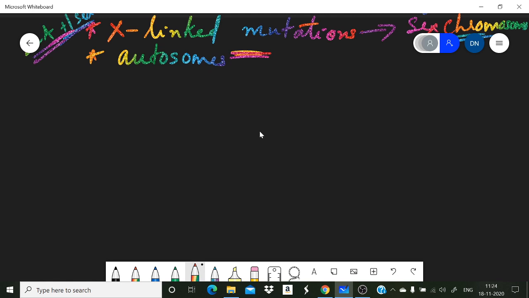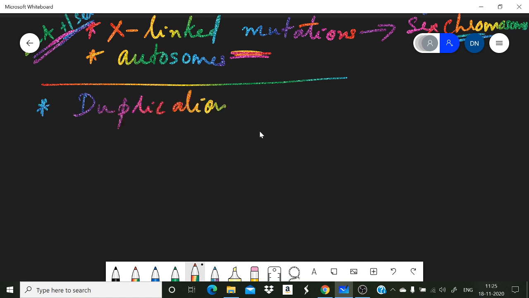There are many causes for gene mutations. Gene mutations may be due to duplication, which we will see in our video, duplication or insertion of a segment of a chromosome or gene, or insertion of an additional segment of a gene.